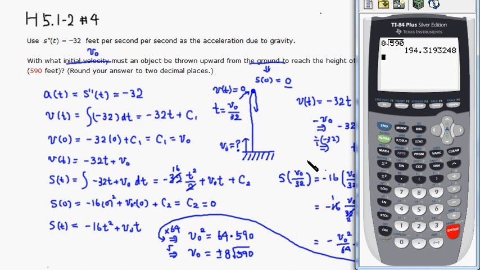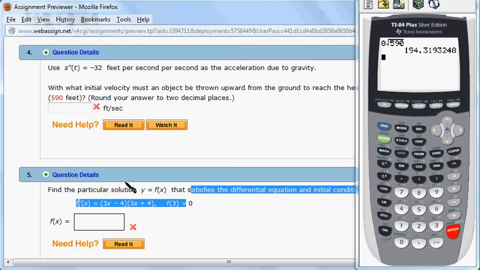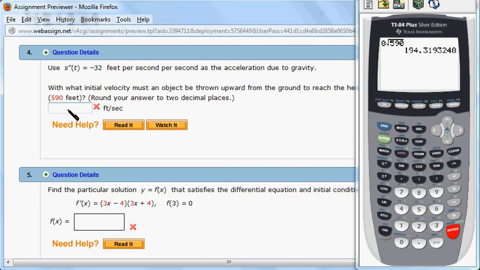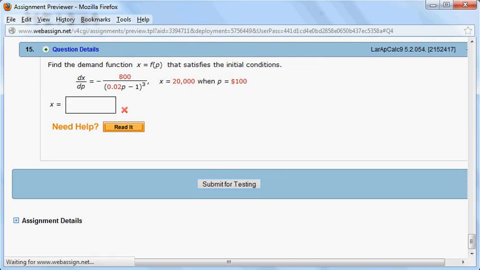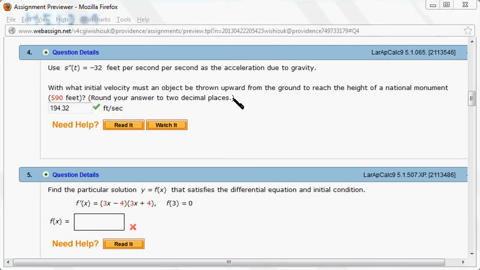It came out to be 194.319, so rounding to two decimal places, it's 194.32. Let's check the answer. It came back and looks like we got the correct answer. All right, that's it. I hope that this was clear.